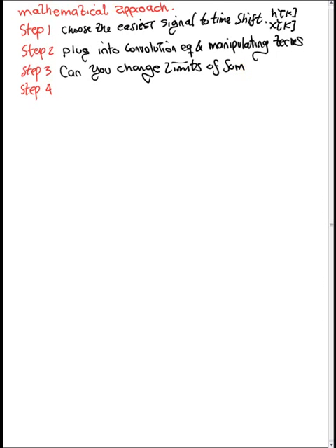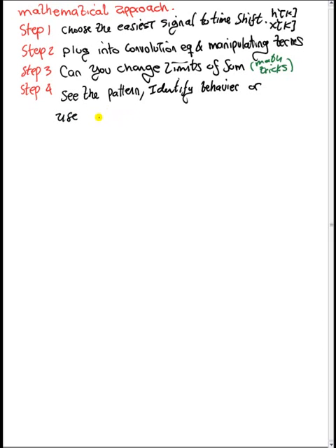Those are what they call the mathematical tricks. You just look at the equation and realize, hey, you can change this to something else. And then again, you see the pattern. So this is identify the behavior. If you can see the pattern, then you can simplify. Or you can use some properties to transform the sum into something that makes more sense.